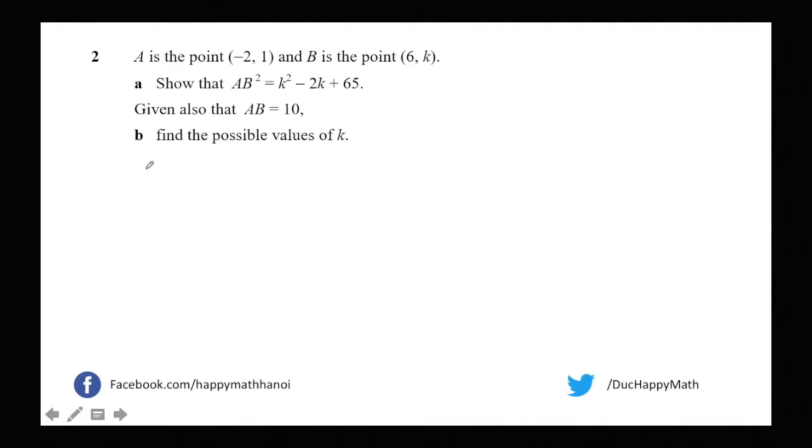AB squared will be k squared minus 2k plus 65. Question B tells that you have to prove that AB equal to 10, which means 10 squared in this case. So k squared minus 2k plus 65 minus 100 equal to 0.